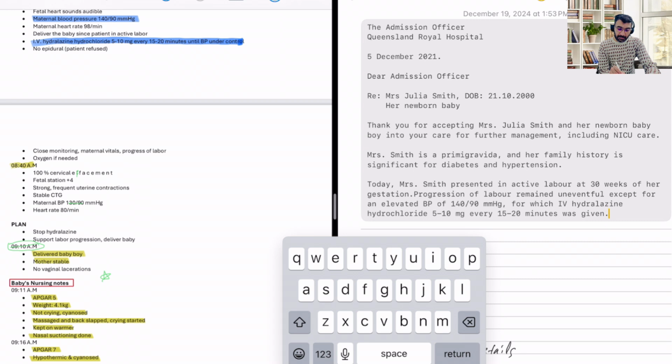We'll write the baby's APGAR score. Okay, so baby delivered, mother stable, APGAR was 5, weight was 4.1 kilogram, baby was not crying, massage, then back slapped, then started crying, kept under warmer, nasal suctioning was done, then APGAR score went to 7, baby is still hypothermic and cyanosed.